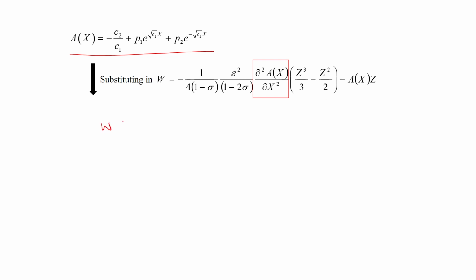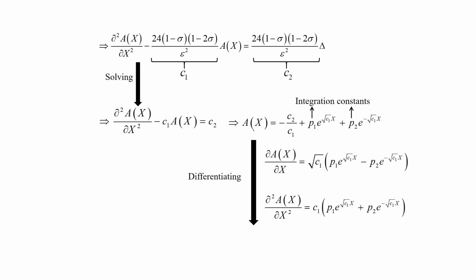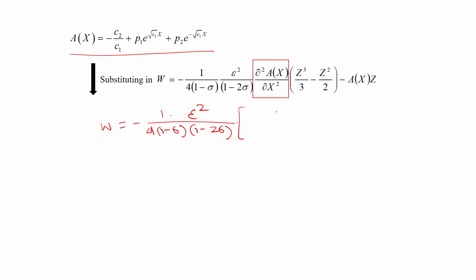So, W is equal to therefore minus 1 by 4 into 1 minus sigma into epsilon square by 1 minus 2 sigma, and del square A by del x square. Let us see what did I get. It is C1 into P1 exponential square root of C1 into x plus P2 into exponential minus square root of C1 into x.